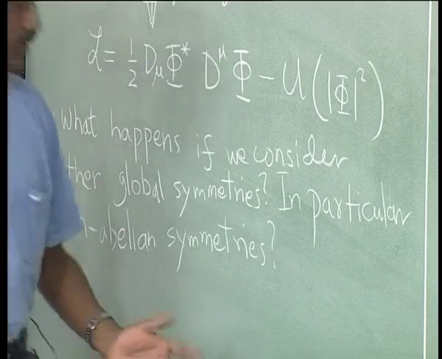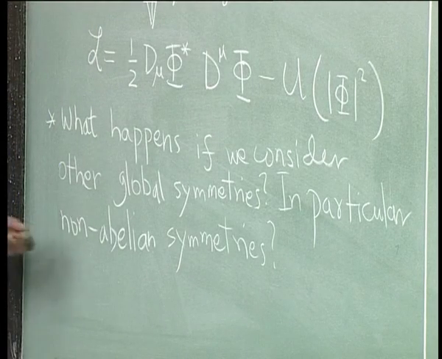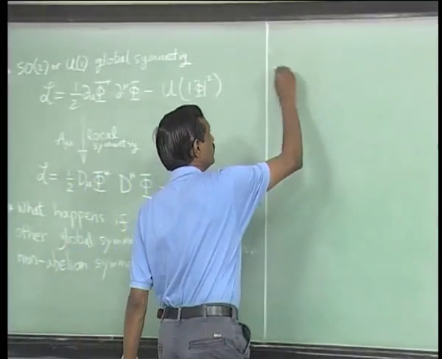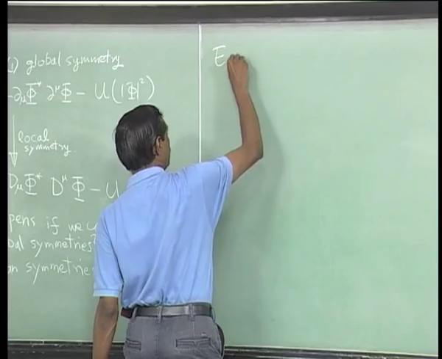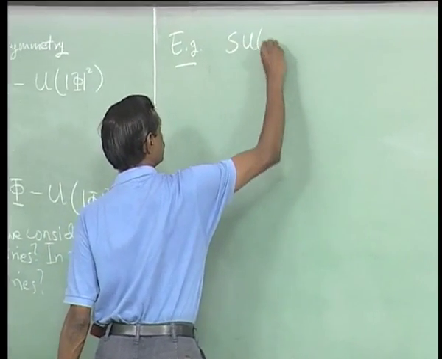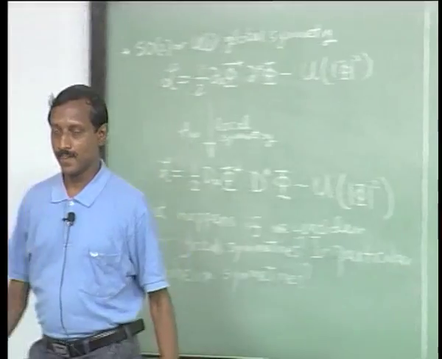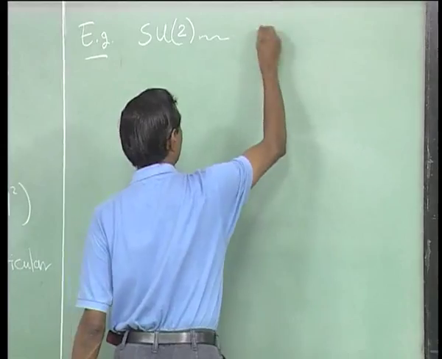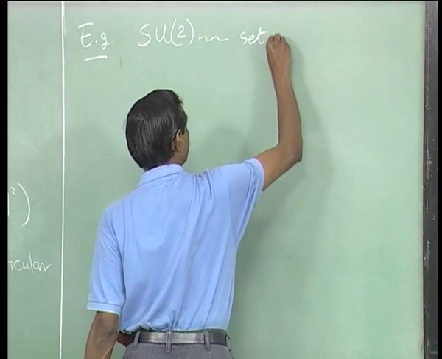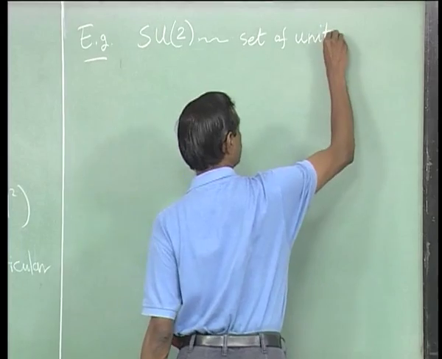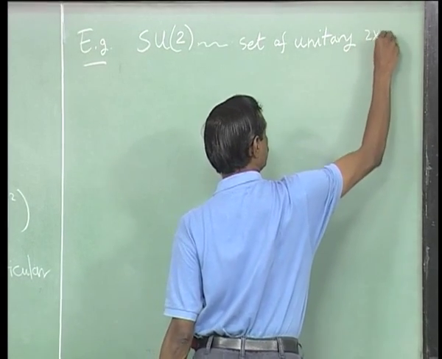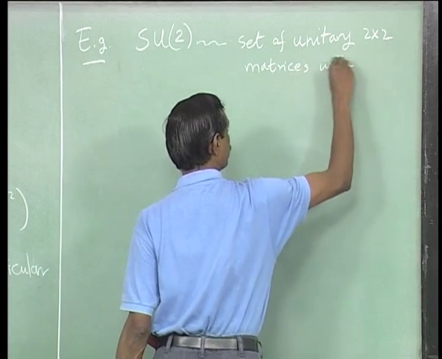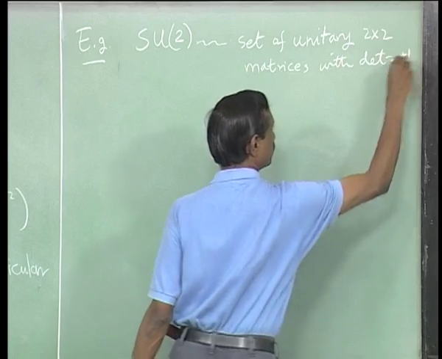And so the canonical and the first non-trivial example of a non-abelian symmetry is the SU(2) group. So we will work with this example, which is SU(2). Okay. So we have seen this definition, or we saw that we could write this as the set of unitary matrices with determinant equal to +1.